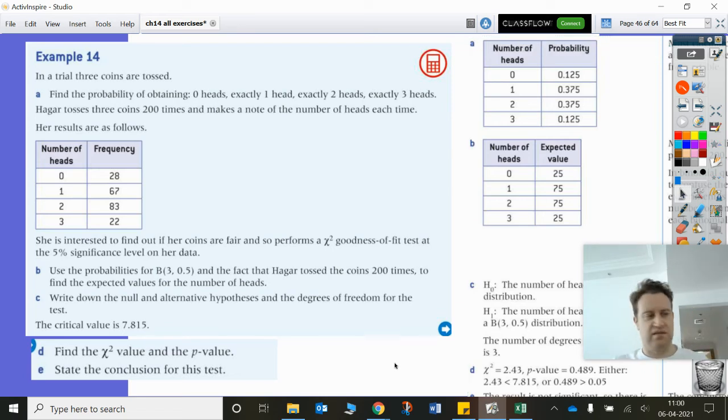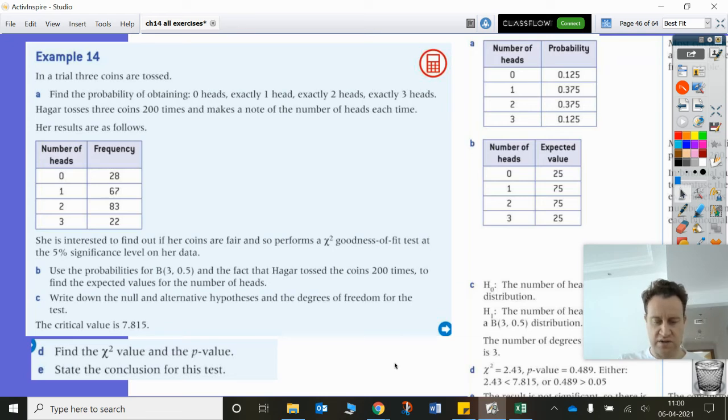And again, it's very straightforward, this question. So on your calculator, let's go new document, add lists and spreadsheets. I'm putting in 28, 67, 83, and 22, and then the other values, which are 25, 75, 75, and 25.